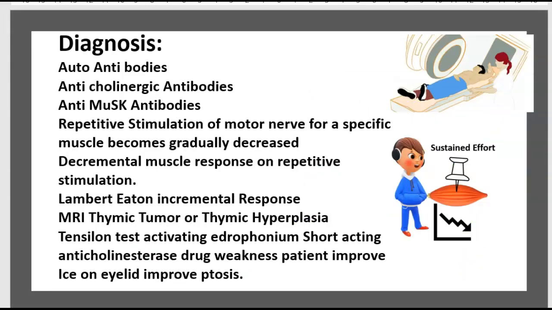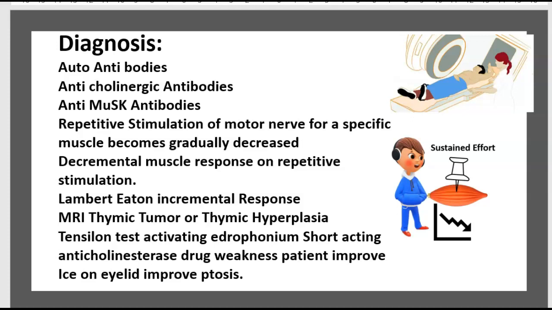How to make a diagnosis? Autoantibodies: anti-cholinergic receptor antibody and anti-MuSK antibody. Repetitive stimulation of a motor nerve for a specific muscle gradually decreases, which is called decremental muscle response on repetitive stimulation. In Lambert-Eaton, there is an incremental response.